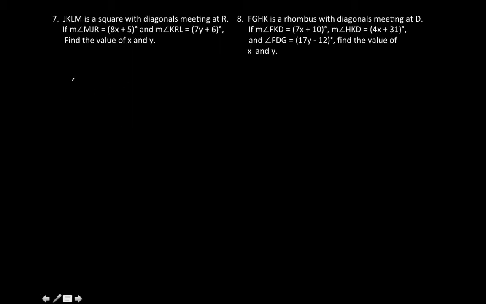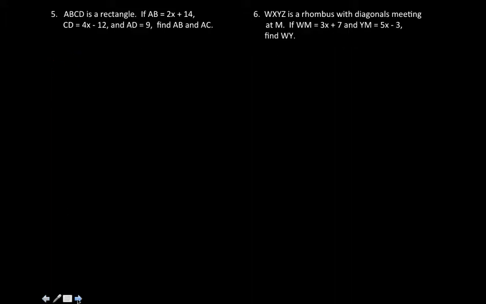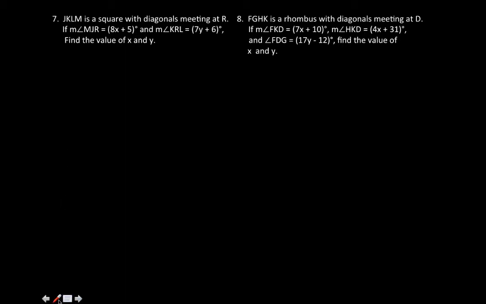Okay, JKLM is a square. I should probably make a bigger square for labeling purposes.